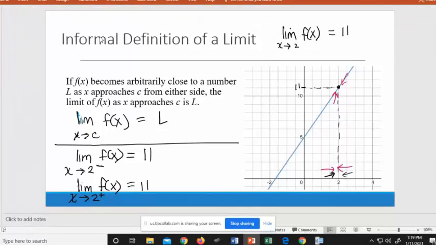Okay, now altogether, in order for a limit to exist, you probably heard the limit does not exist, right? Okay, in order for a limit to exist, these need to match one another. Okay, and they do. And so we're going to say, what's the limit? The limit of f of x as x approaches 2 is just 11.